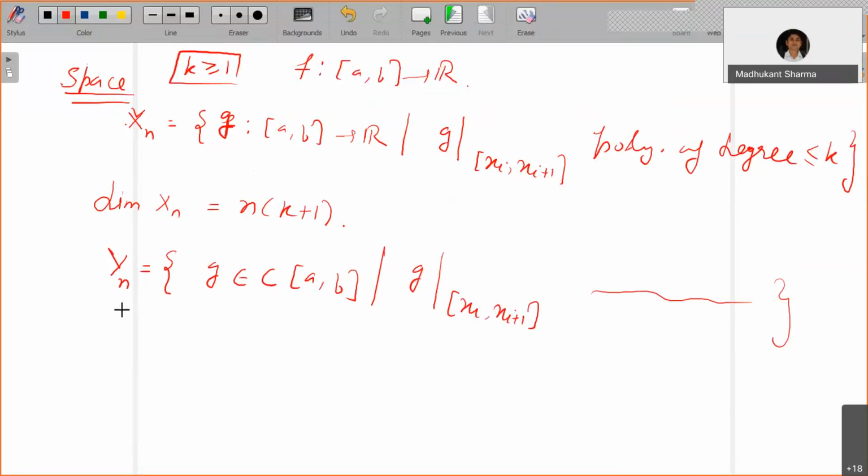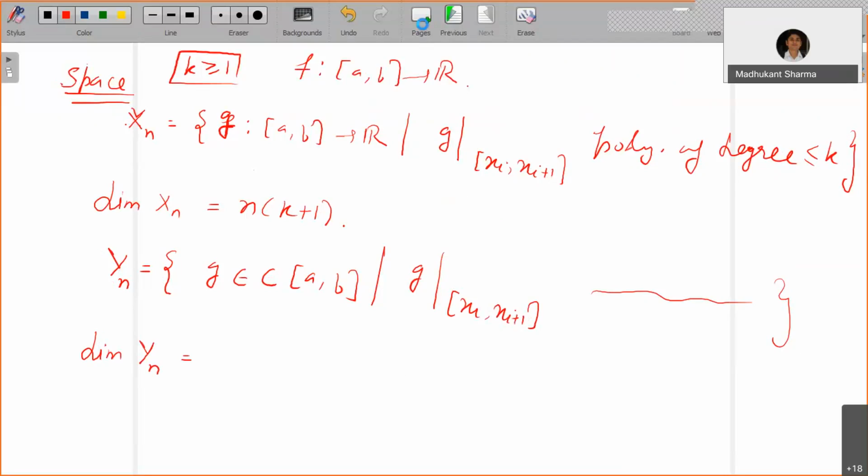Then what will be the dimension of Yn? You have compromised somewhere, since the interpolating points are shared. You are putting n minus 1 conditions, like P0 at 1 equals Q0 at 1, if you recall from the previous lectures.